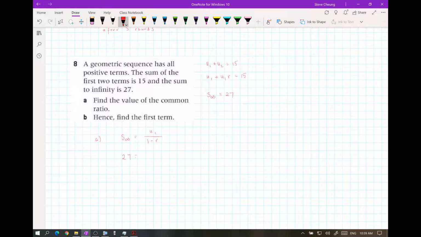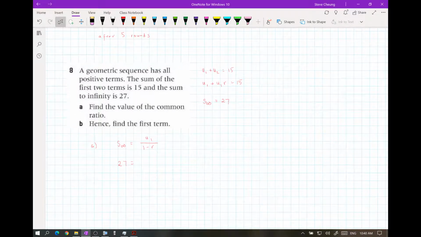Let's just substitute what we have. Now the problem is we do not know what u1 is. However, we could actually substitute u1 as an expression. So if you choose this here, you will have two unknowns. I don't know what the second term is. So that's why we morph it into this case here.